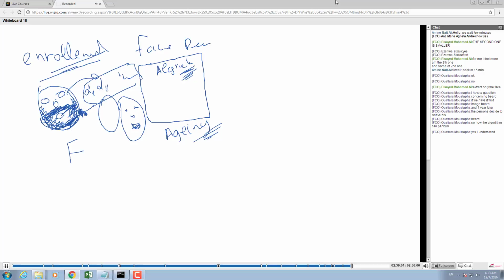So you can choose between different algorithms. Sometimes we can even use some fusion of different algorithms. So you have to understand sometimes some systems, even if you are enrolled in the database, you will not be recognized. Okay?